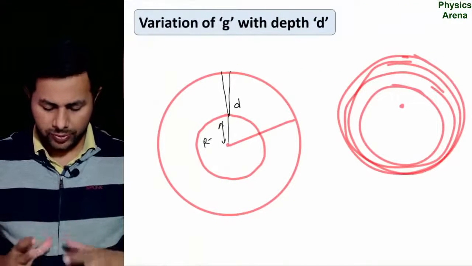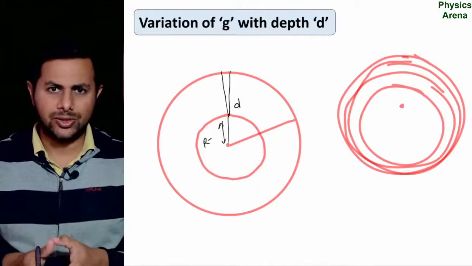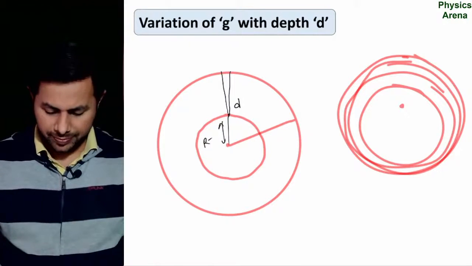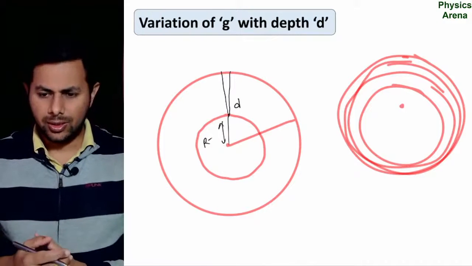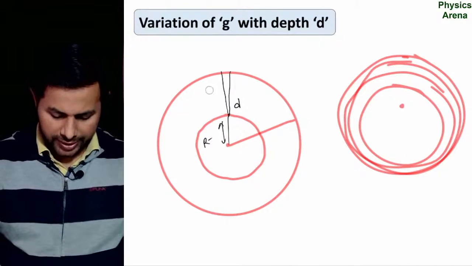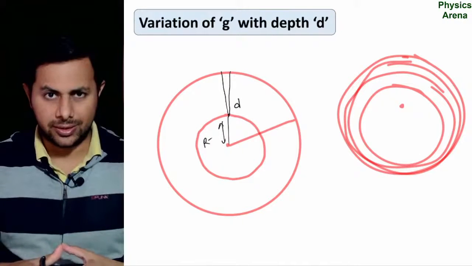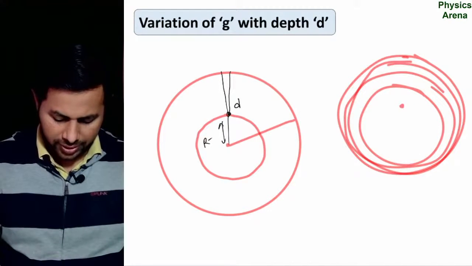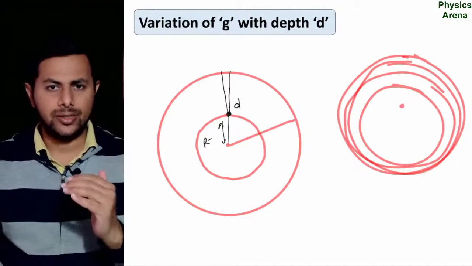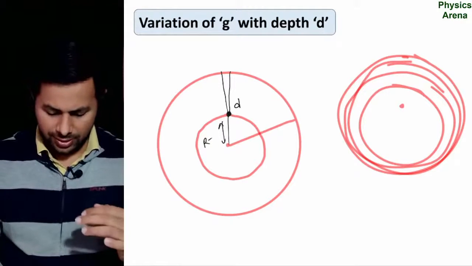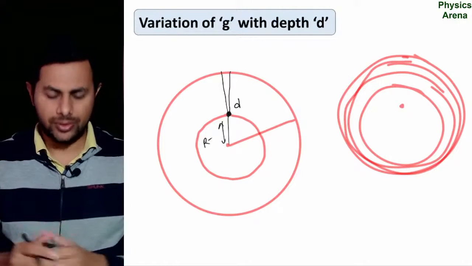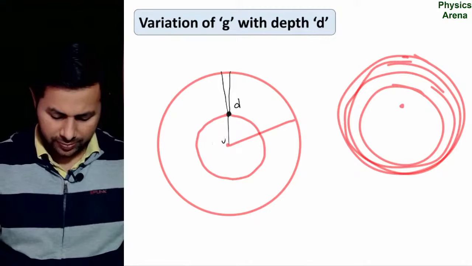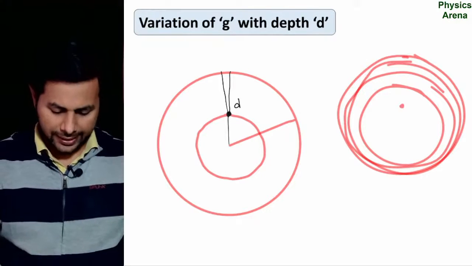Now we are going to discuss the variation of acceleration due to gravity with depth. Let's suppose we dig a well inside Earth and our object is somewhere over here at depth d below the Earth's surface. Now we want to find out the acceleration due to gravity at depth d.